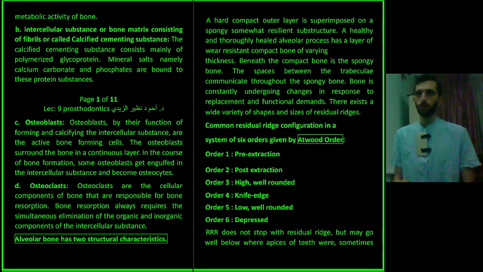Beneath the compact bone is the spongy bone. The spaces between the trabeculae communicate throughout the spongy bone. Bone is constantly undergoing change in response to replacement and functional demands.